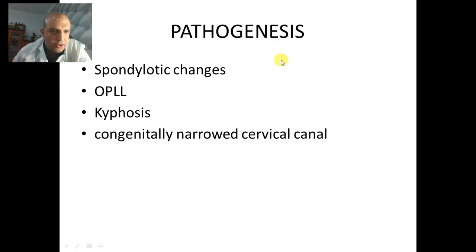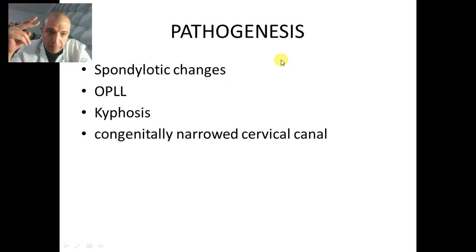Pathogenesis, the etiology, is the same as radiculopathy. Spondylitic changes started by disc degeneration, then osteophytes and spurs in the uncovertebral joint, OPLL, and so on. Ossification of the posterior longitudinal ligament, due to its location, could cause myelopathy rather than radiculopathy.